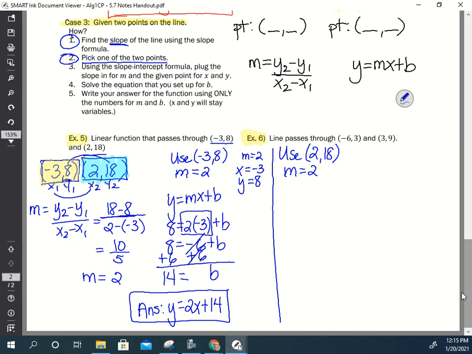We're going to do it using the other point. So m equals 2, x is 2, y is equal to 18. So y is 18, m is 2, x is 2, plus b. 2 times 2 is 4.